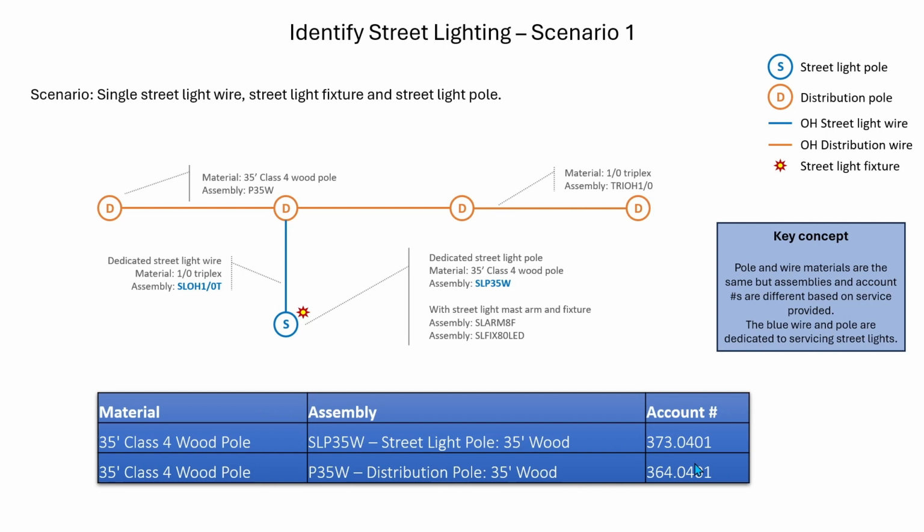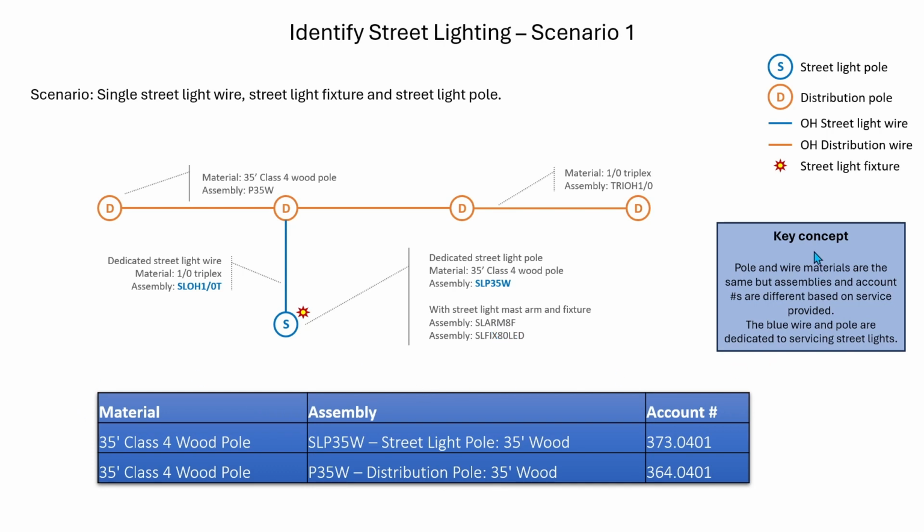And those account numbers are generally defined by regulation, and that's one of the big reasons why you have to differentiate between the different types of assemblies when you're making these decisions out there. And also on this particular pole, there are additional streetlight related assets. So we've got a streetlight arm and also the streetlight fixture itself. Both of those, of course, are streetlight specific.